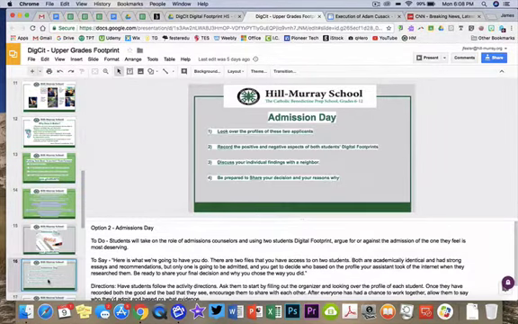So the activity goes like this: they would look over the two profiles of the applicants. The directions, by the way, are down here. They would record both positive and negative aspects of the students' digital footprints on the handout that comes with the lesson. They would discuss their findings with their neighbors and then share who they chose and why they chose that individual.